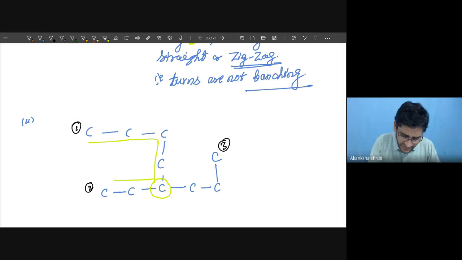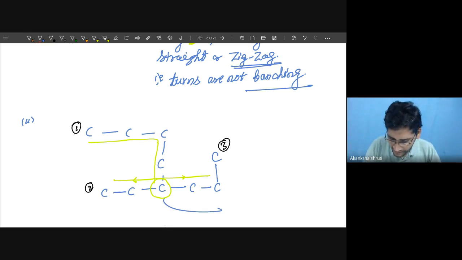Either I can take a turn to left, or I have the other path to move right. So wherever there is branching, it simply means two possible paths will be there. It's so simple, students. Just you have to keep in mind. Otherwise, you can never understand isomerism.